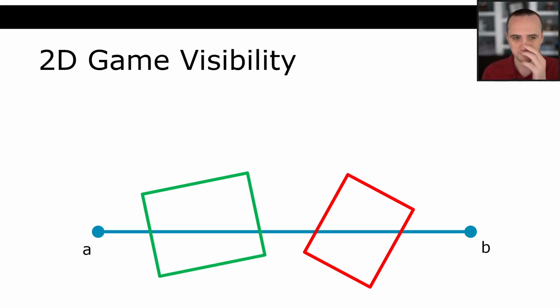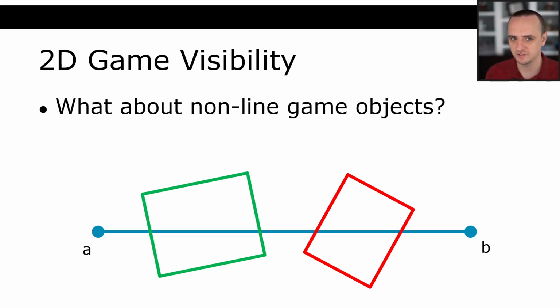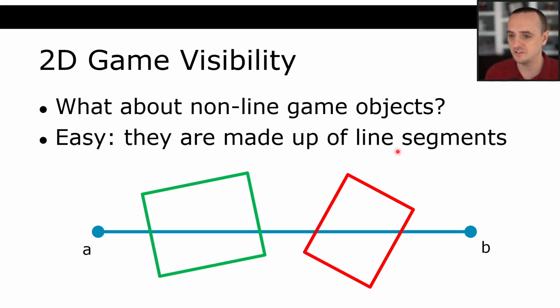However, what about non-line game objects, right? So in our game, let's say we have a point A, and we want to know if it's visible to point B or not. Well, we may have entities out in our world that aren't just lines, right? So how can we compute the visibility if we have arbitrary geometry in our world? Well, it's kind of easy. They're made up of line segments, right?